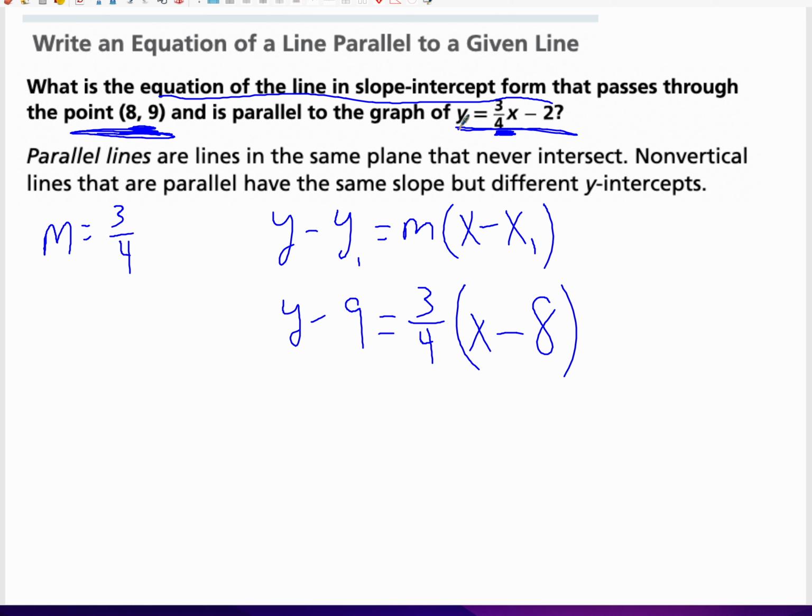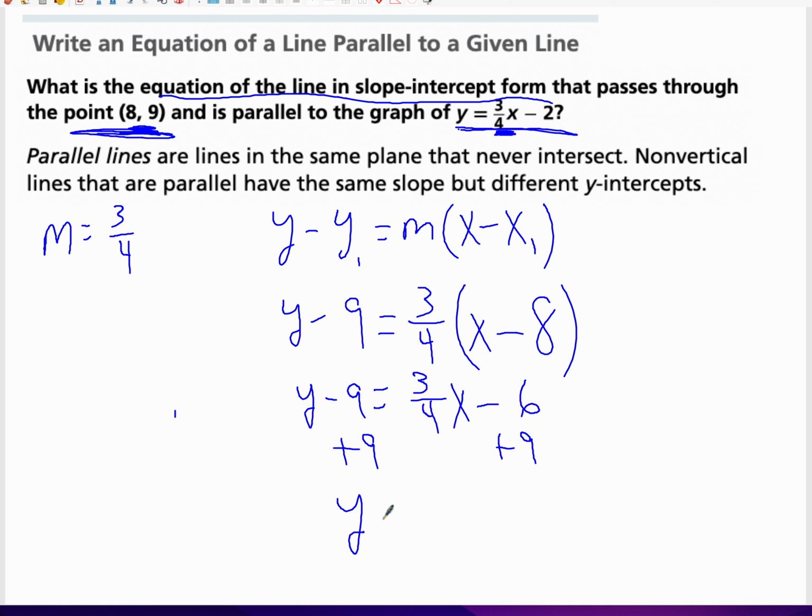So I can do this in 2 steps. My first step is distribute. My second step will be to add 9 to both sides. So y minus 9 equals 3/4 x minus, what's 3/4 of 8? Minus 6. Okay? And then now we need to do negative 6 plus 9. Add 9 to both sides.